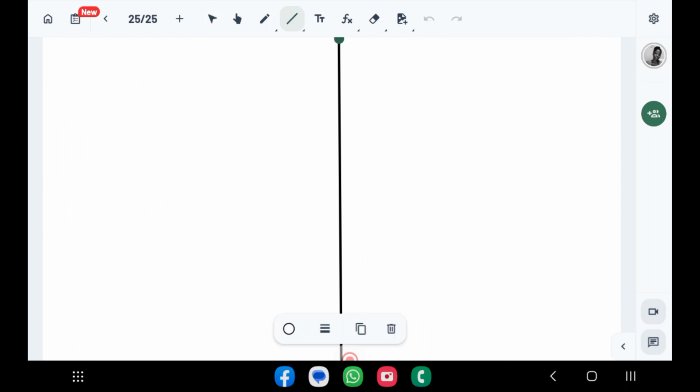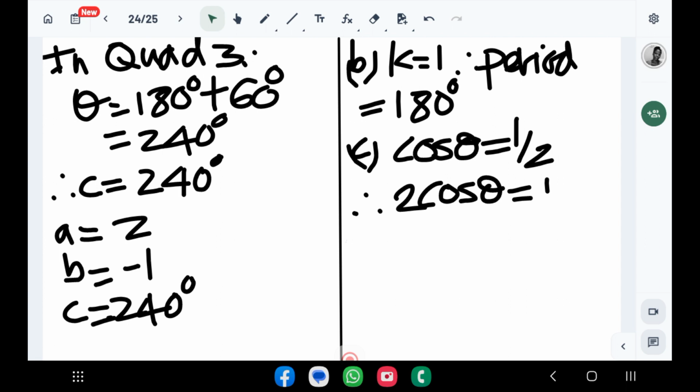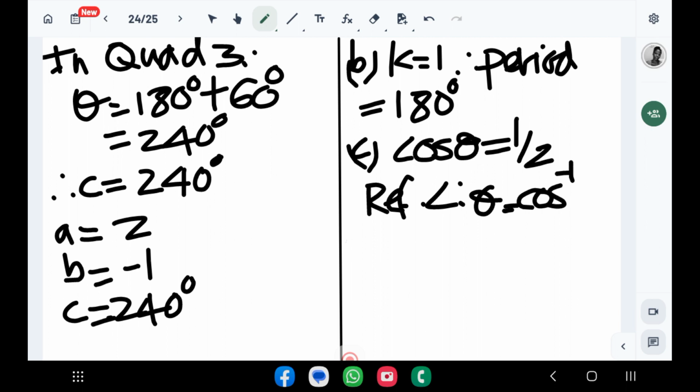Let's add another page. Okay, so let's solve this. We're solving for where K equals 1. Now, what is the reference angle? The reference angle is theta equals cos to the -1 of half, which we've already calculated to be 60 degrees.